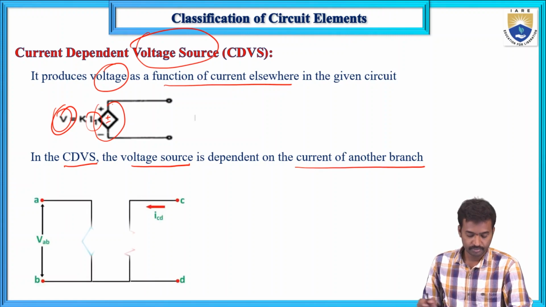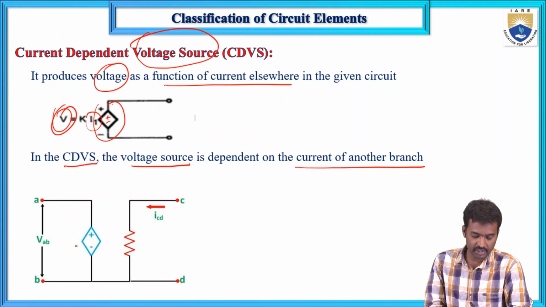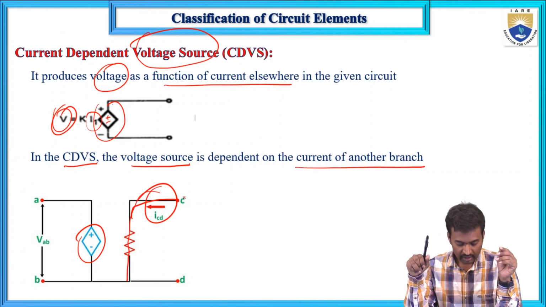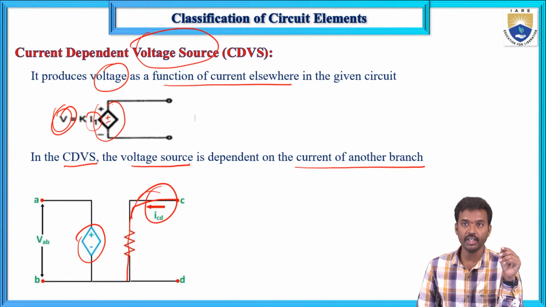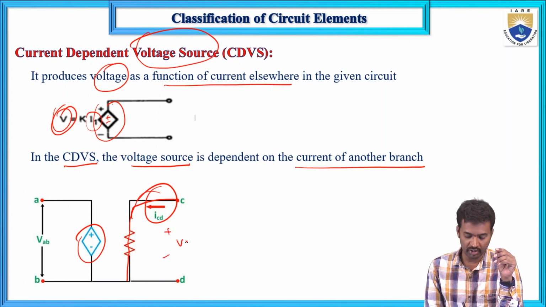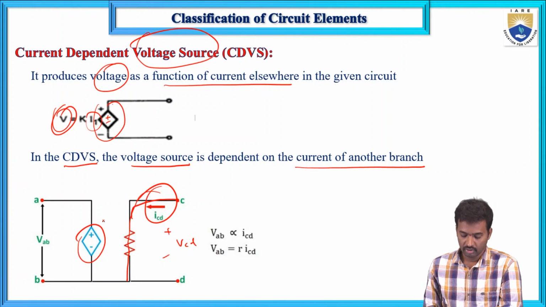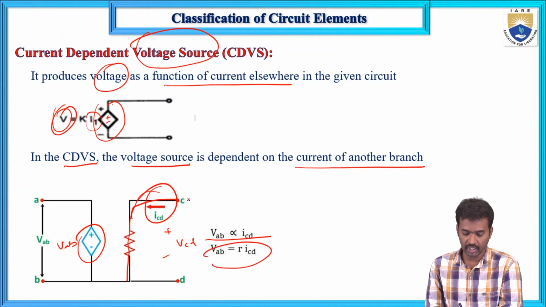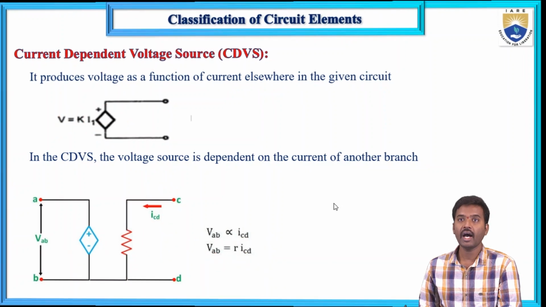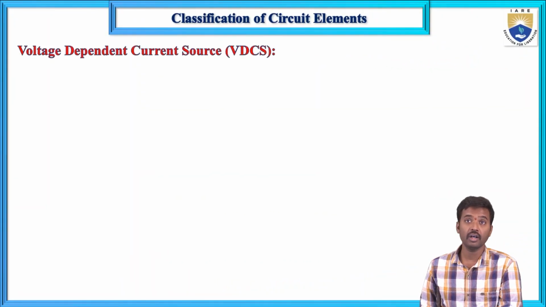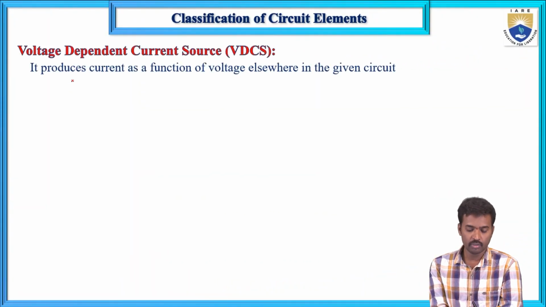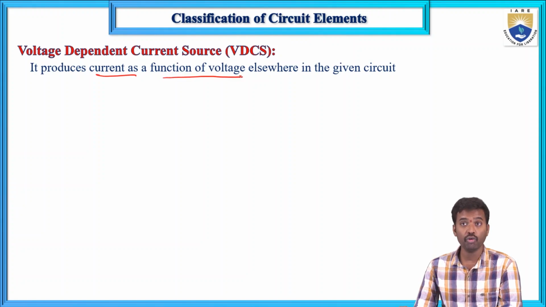In the previous case, the value depended on the voltage VCD, but here the value depends on the current. VAB is directly proportional to this current, so VAB equals R into ICD.